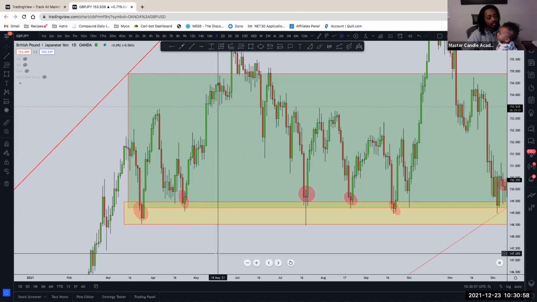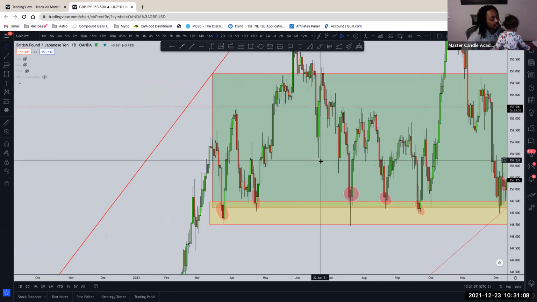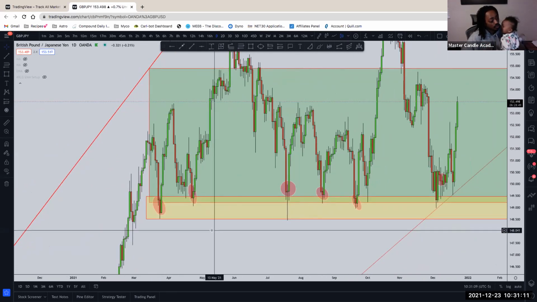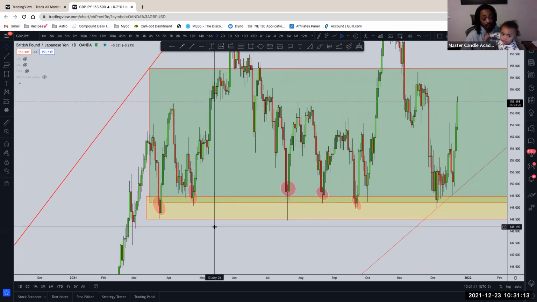And an engulfing candle is an order block. So just know if you're trying to identify a liquidity zone, if you're having trouble, ask yourself, am I seeing multiple engulfing candles? Do I see more than one engulfing candle? Can you have an order block without an engulfing?